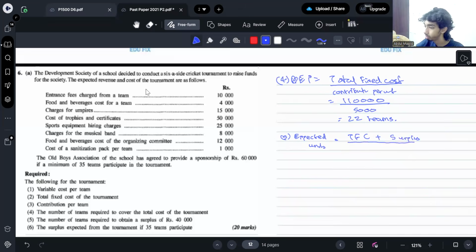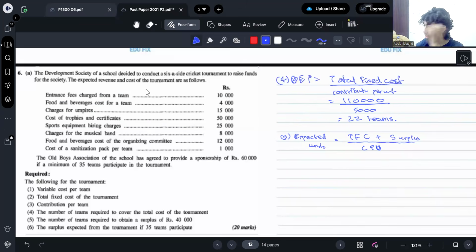In a profit earning business, you're supposed to say profit here, divided by contribution per unit. So here you can use it to find either the expected units or the surplus. Here they are saying find the number of teams you need to earn a profit of 40,000. Sometimes they'll say if this many teams participate, how much is the surplus you will get? For both of those purposes, you can use this equation.